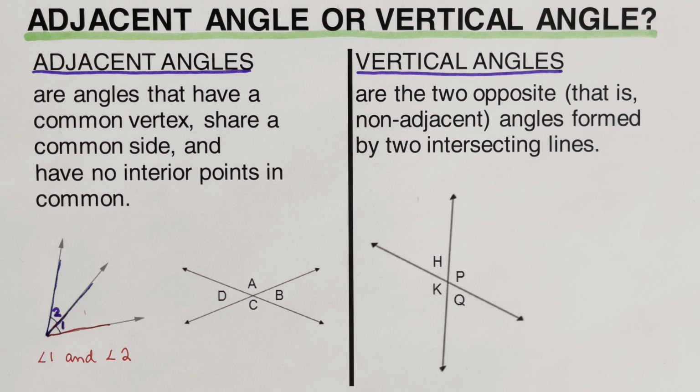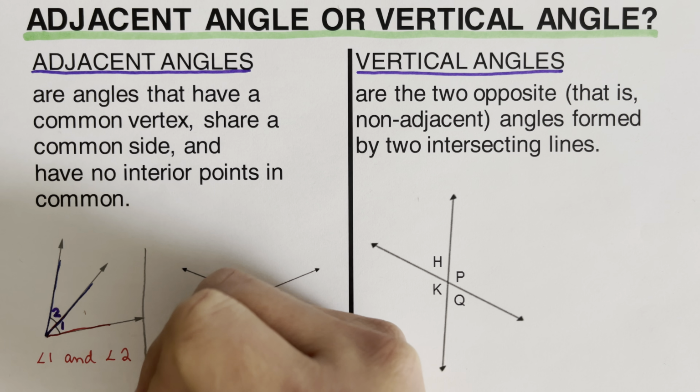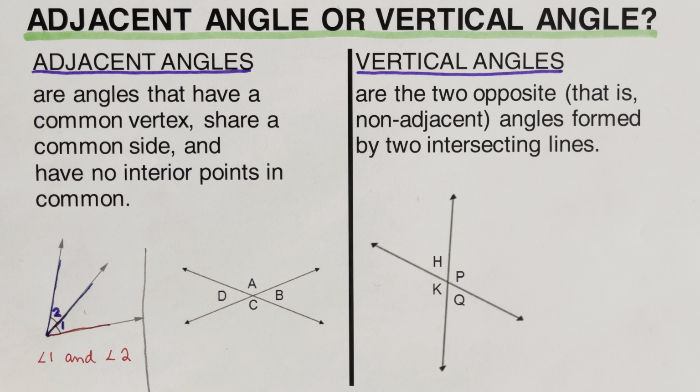In the next picture, we can also come up with examples of adjacent angles. The first pair of adjacent angles in this second example would be angle A and angle B because they're next to each other, sharing this common side, which is this ray right here.